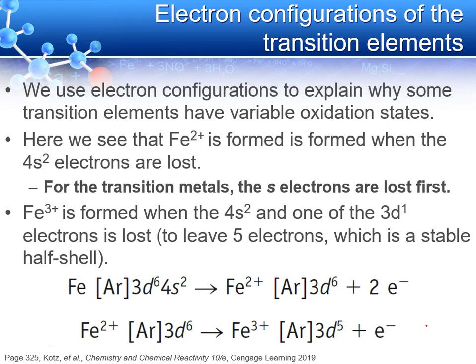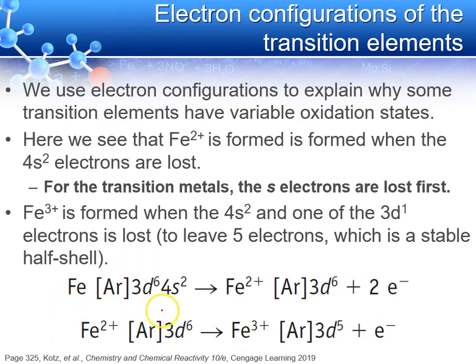For the transition elements, things get a little trickier, but again, we can use electron configurations to explain why some of these transition elements, just like some of the metals over on the right side of the periodic table, have variable oxidation states. I made you memorize that iron can form Fe2+ or Fe3+, so now we can see how it works.